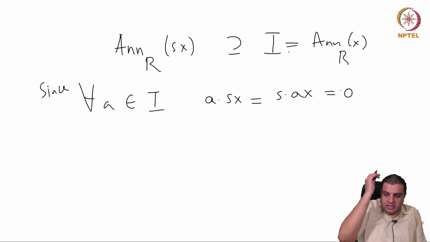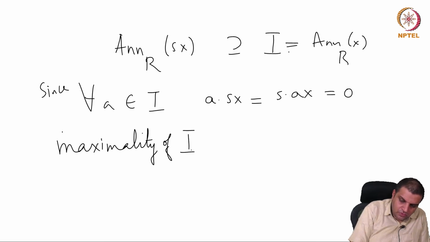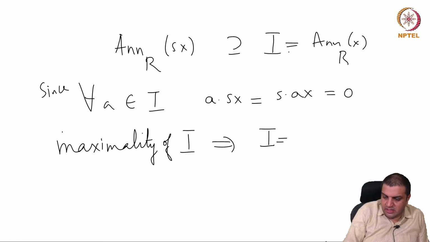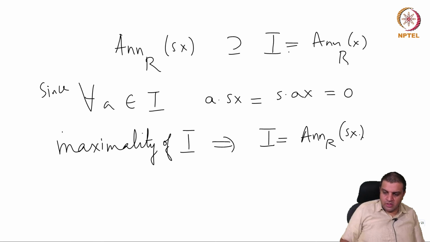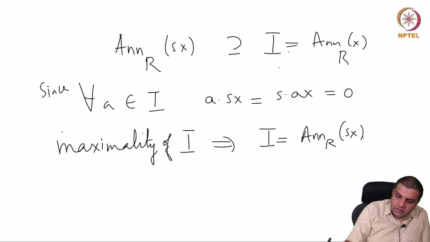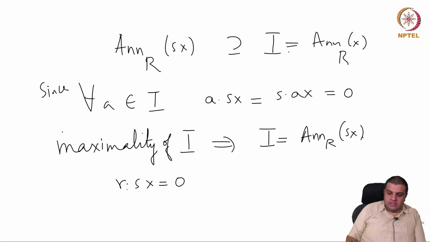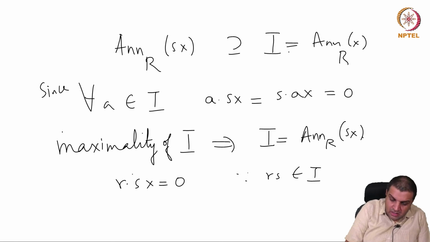But I is maximal in that family of annihilators of elements. Maximality of I implies that I is equal to the annihilator of s x. On the other hand, r times s x is also 0, because rs is inside I. So r times s x is 0.